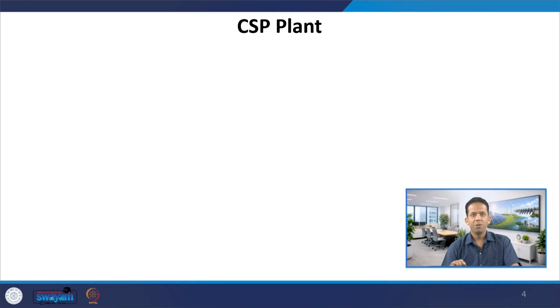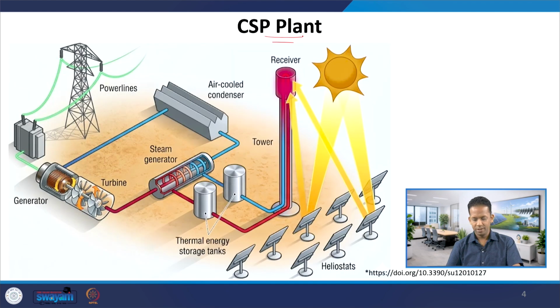So, a typical concentrated solar power plant will look something like this. Because we want high temperature, we would go for concentrating type of collectors. It can be either a parabolic dish or a heliostat with a solar tower or a central receiver.